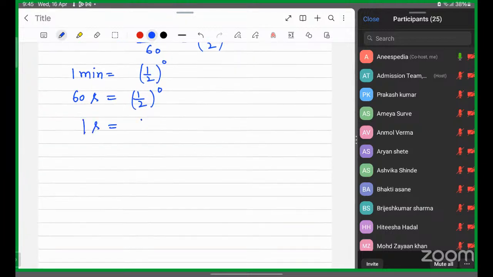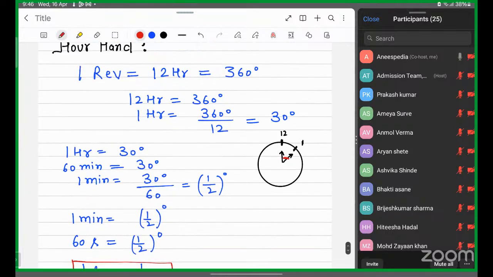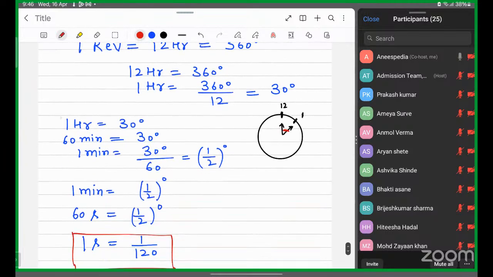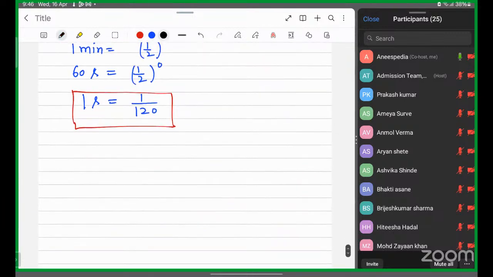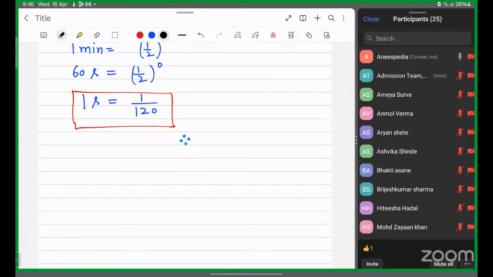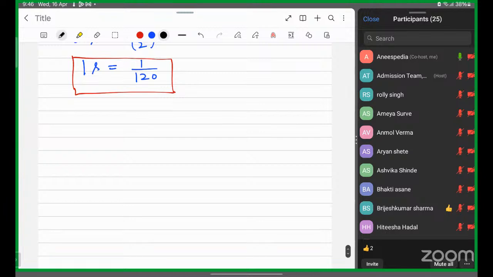In 1 second, it will travel 1 by 120 degree. Any doubt in it? Okay, next is the minute hand.